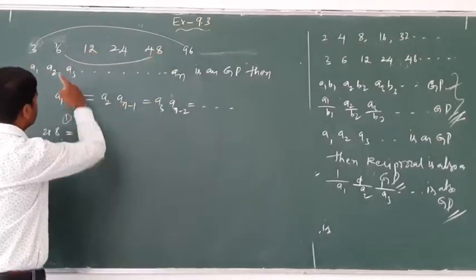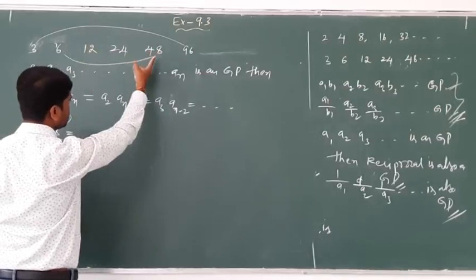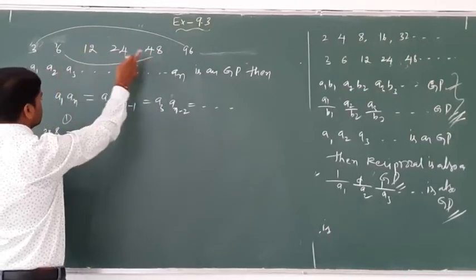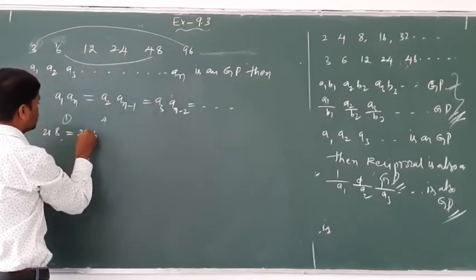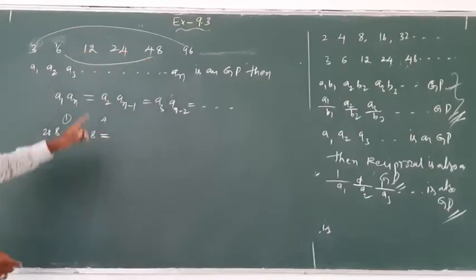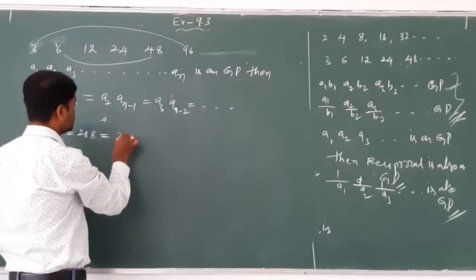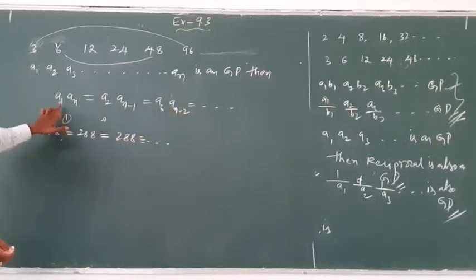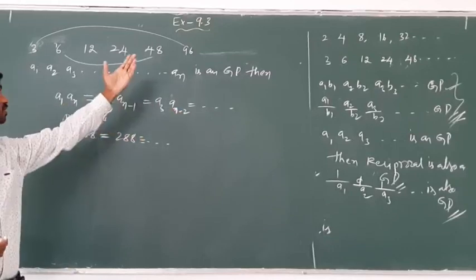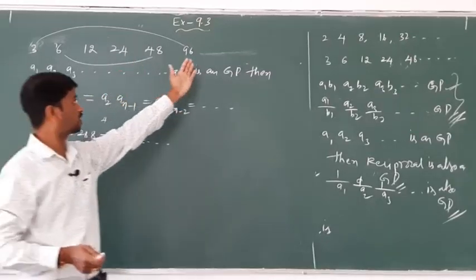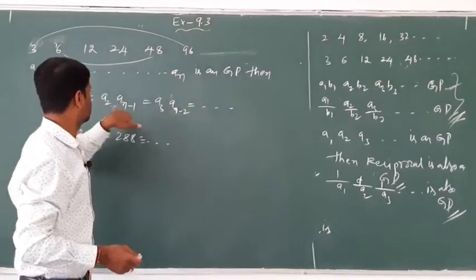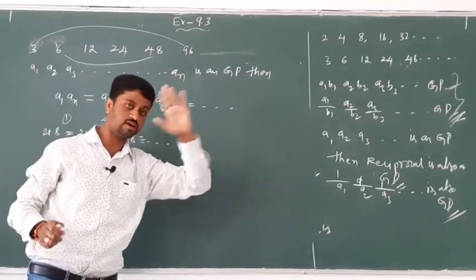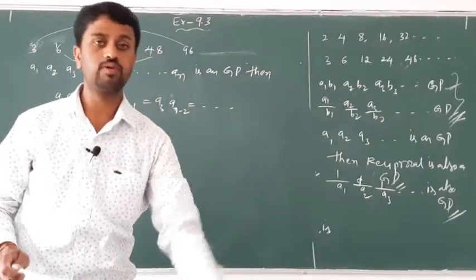You check it: 6 8s are 48. And 12 into 24 is also 288. Therefore A1 into AN is equal to A2 into AN minus 1, the term before the last term, is equal to A3 into AN minus 2, and so on. It is one of the very important points.